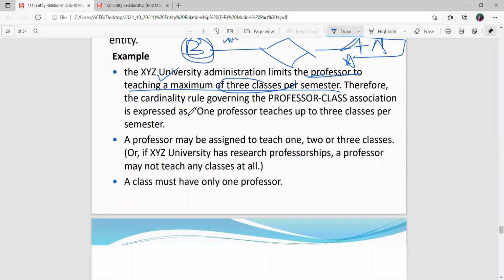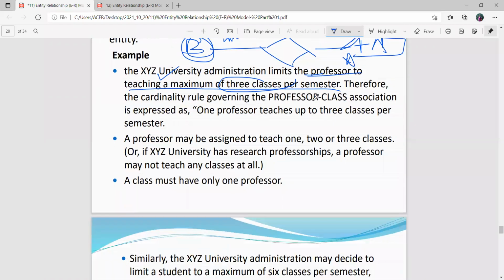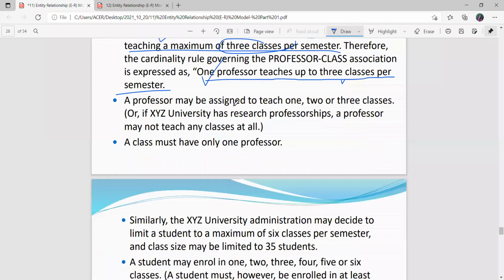Therefore, the cardinality rule governing the professor-class association is expressed as: one professor teaches up to 3 classes per semester. So one professor can conduct a maximum of 3 classes per semester. A professor may be assigned to teach 1, 2, or 3 classes.